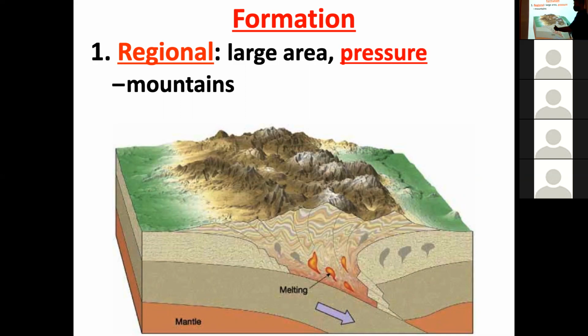So you have the pressure of these plates moving towards each other, or where they collide. Where they collide, it can also make mountains. So on the surface, you'll see mountains, and then deep underground, there's pressure that's causing regional metamorphism. So it's causing rocks to change. Like I said, this is a big area. If there's a region, that's a large area. It's not a small area.